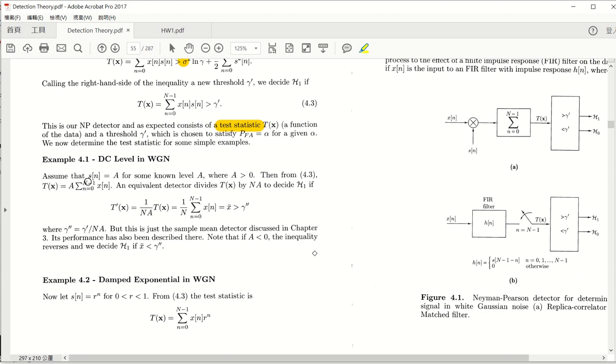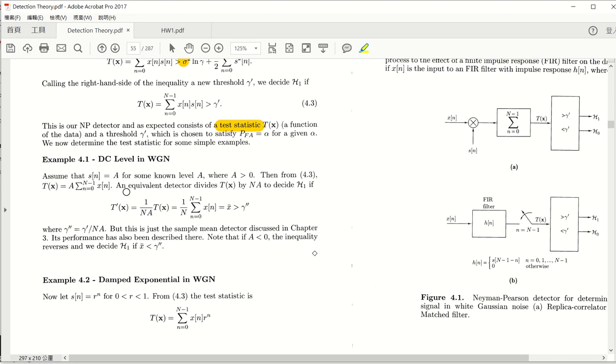Assume that we have signal S of n equal to A for some known label A. Then from equation 4.3, which is this equation, if you just substitute A into this S, then you get T of X equal to A summation X of n.